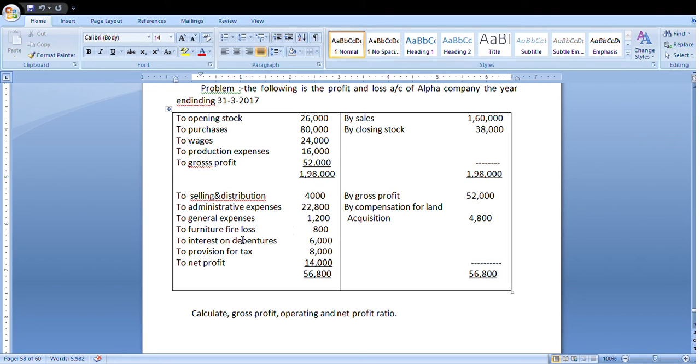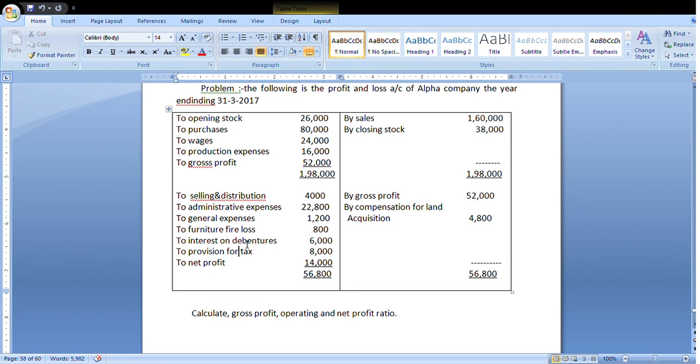These other items are not included. These are all non-operating expenses. Furniture fire loss is not related to the business. Interest on debentures is not related to the business. Provision for tax is not related to the business. These are all non-operating expenses. Only take the operating expenses.